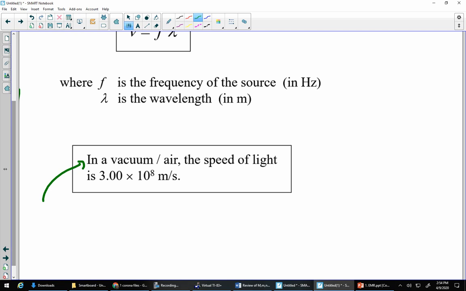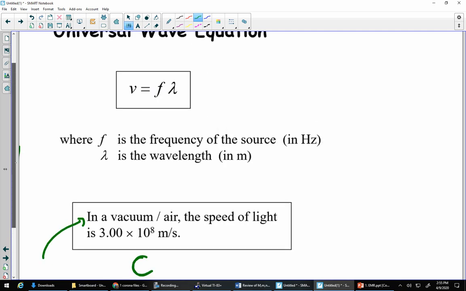It is 3.00 × 10⁸ meters per second, and it is no longer called V. It is now c. It's a very specific speed, so it's got its own variable c, 3 × 10⁸ or 300 million meters per second. It's pretty quick.